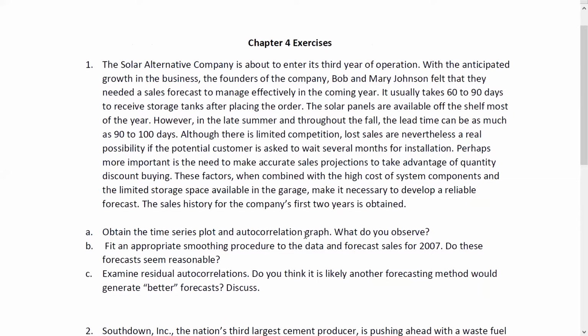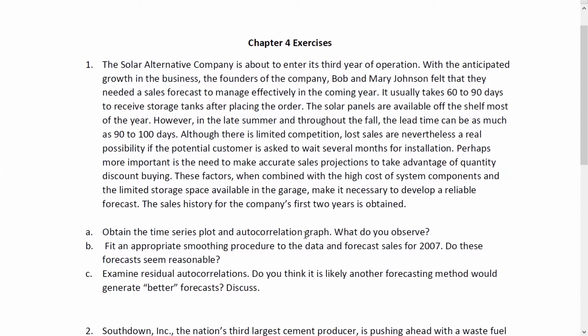The Solar Alternative Company is about to enter its 3rd year of operation. With the anticipated growth in the business, the founders of the company, Bob and Mary Johnson, felt that they needed a sales forecast to manage effectively in the coming year. It usually takes 60 to 90 days to receive storage tanks after placing the order.